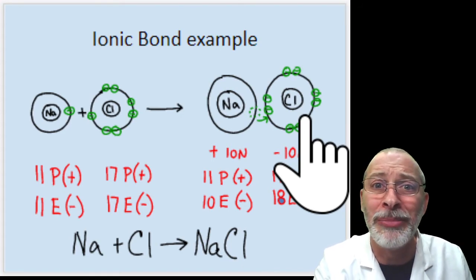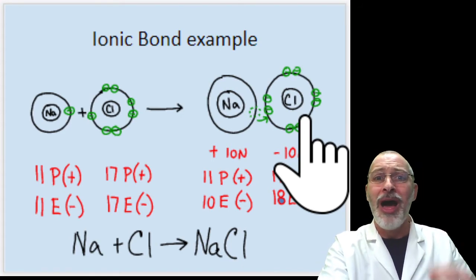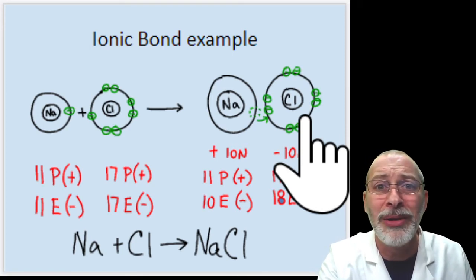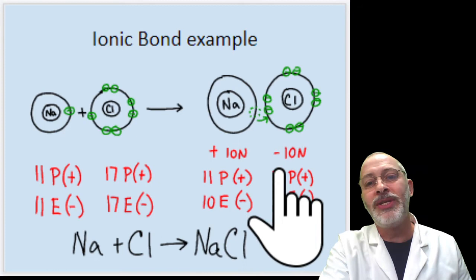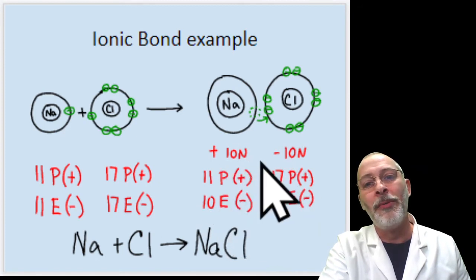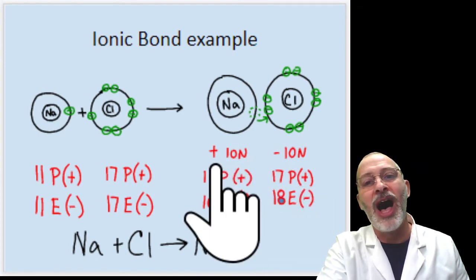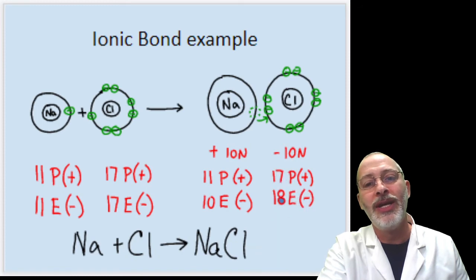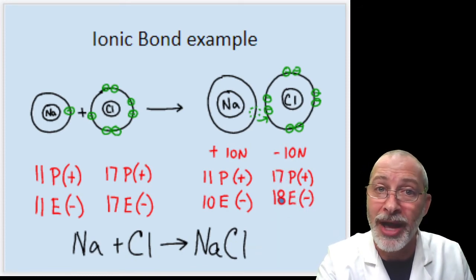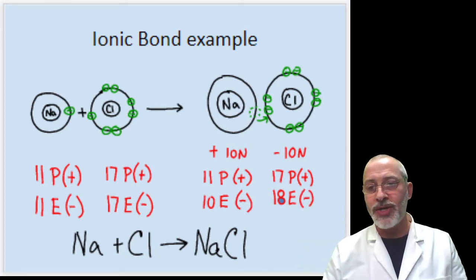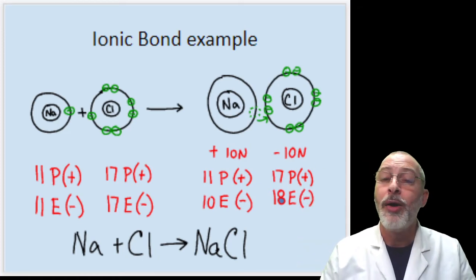We need sodium chloride in our bodies, or our brains and our bodies wouldn't be able to function. And the thing that holds them together is the fact that they form ions of opposite charges. And as the saying goes, opposites attract. So that's the basic gist of ionic bonds.